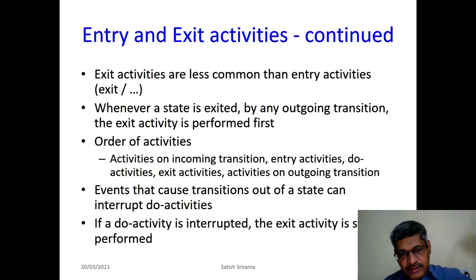But the interesting thing with exit activities is that even if the do activity is interrupted and the transition is happening, the exit activity is still performed. So check this order of activities. Even if the do activities terminate in the middle, the exit activities will be executed. And of course, the activities on the outgoing transition will continue further.